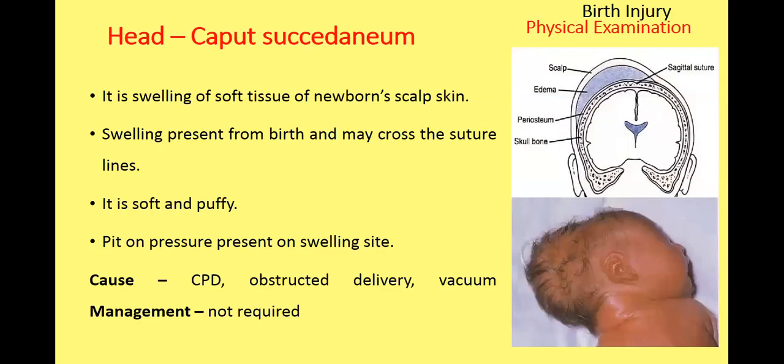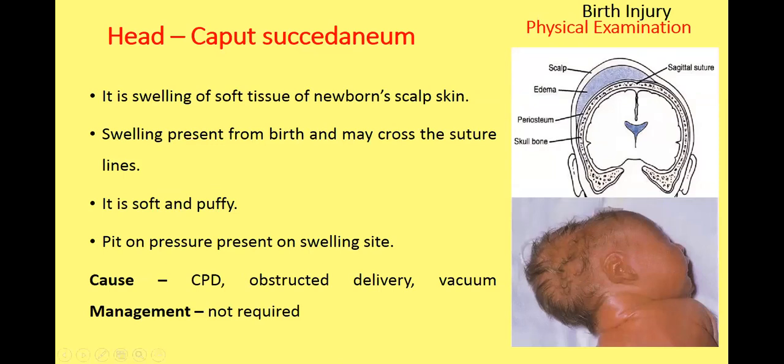And caput succedaneum. Caput succedaneum is called upshirshak in Ayurveda, meaning a head on the head. You can see in this picture, it looks like a double-sized head.